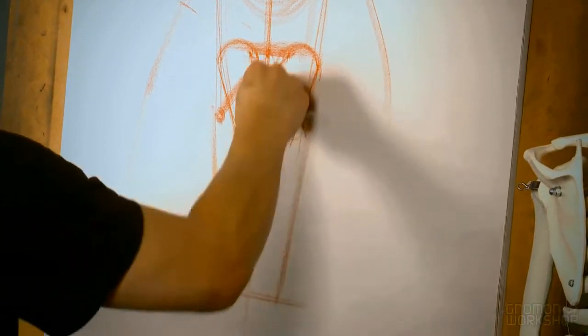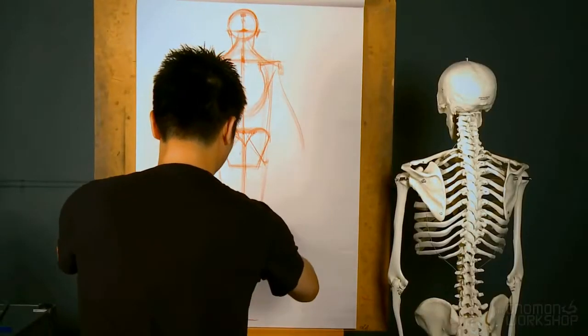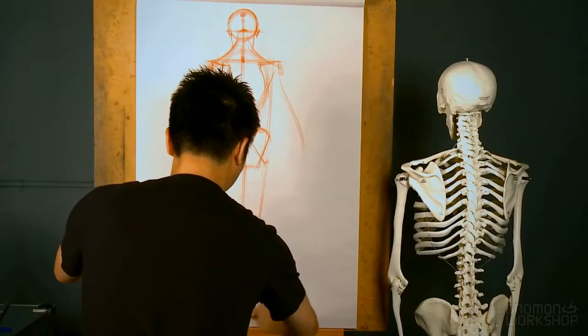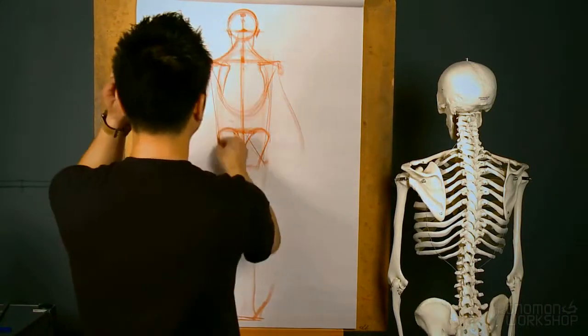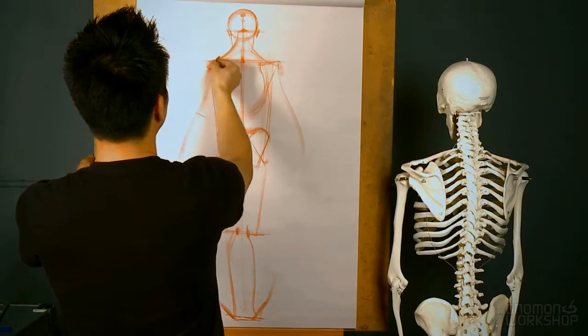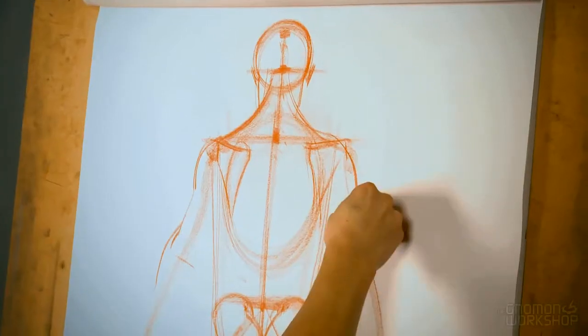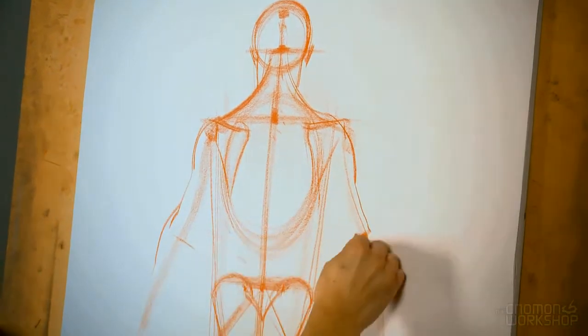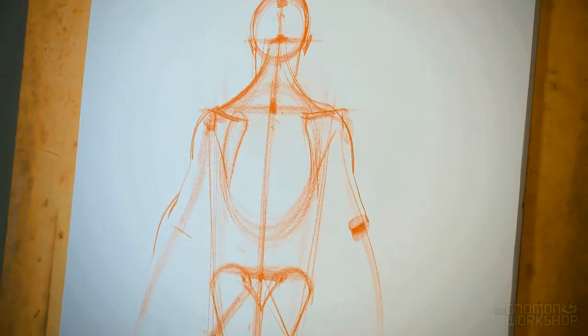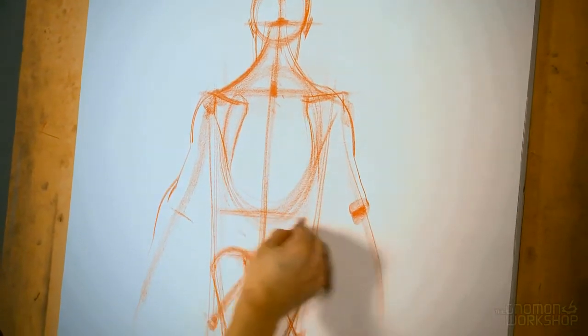Back out the knee. Okay, so kind of indicate where the elbow is, and I say the elbow should be about at the bottom of the rib cage. Okay, bottom of rib cage about somewhere right here.